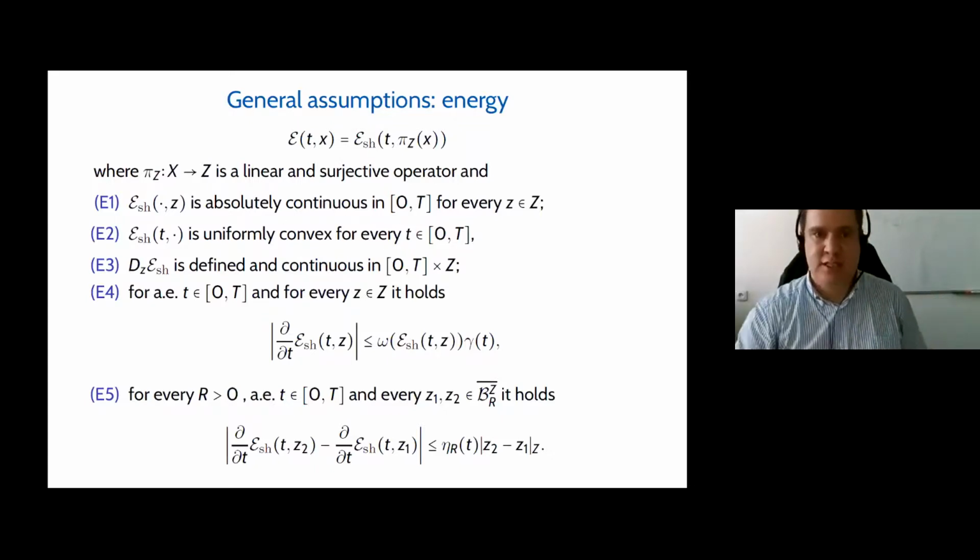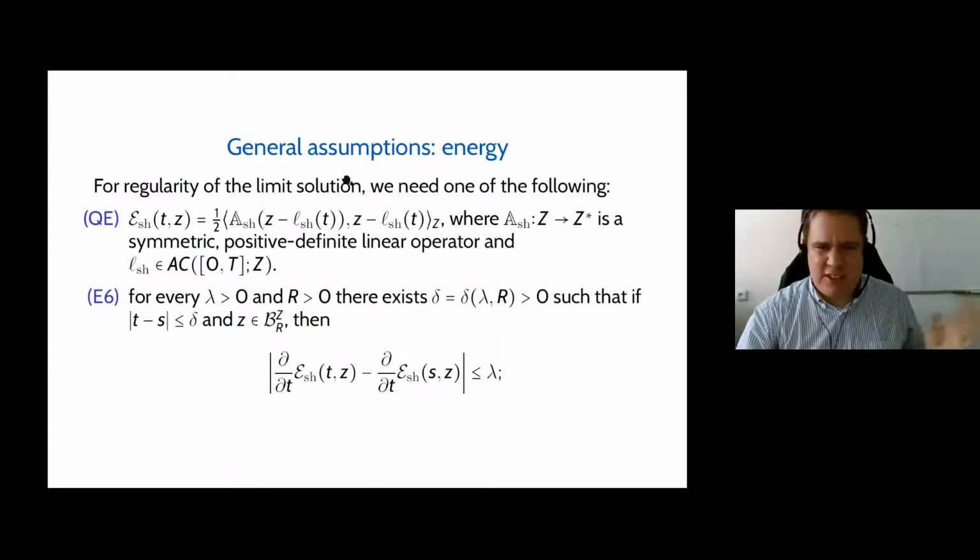Keep in mind, you have invariance in one direction and uniform convexity in the other one. Then some very mild regularity, so differentiability and continuous differential in space, and some very simple, very basic and quite normal local control on the derivative with respect to time.